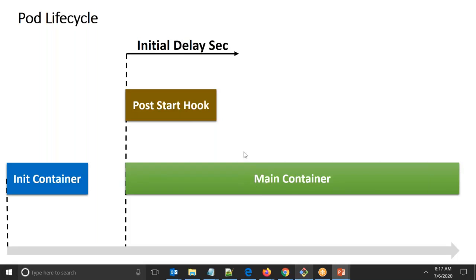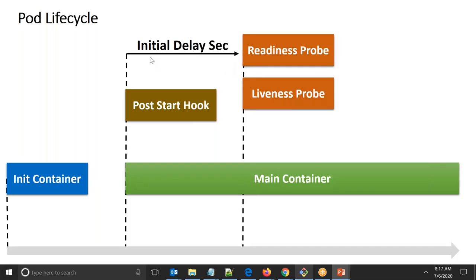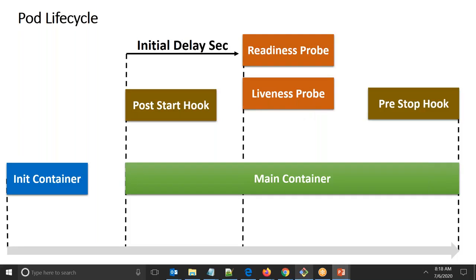Now along with this, you will have your initial delay. Why? Because only after your initial delay can you start running your checks. So you will have the checks that you define. And then when you say, okay, I have to delete or stop a container, that is your main container, then before stopping your main container, once again, you can do something called a pre-stop hook.